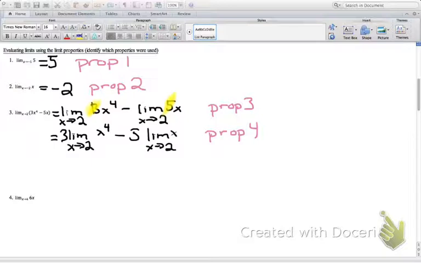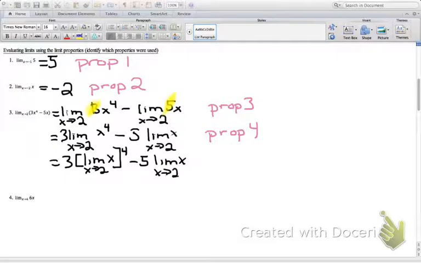For the next part, we can take 3 times the limit of x as x approaches 2, all to the power of 4. That comes from property 7. And now we can go ahead and evaluate.